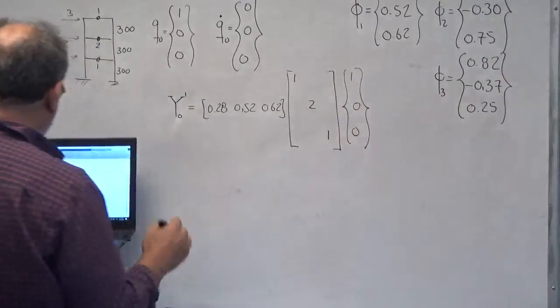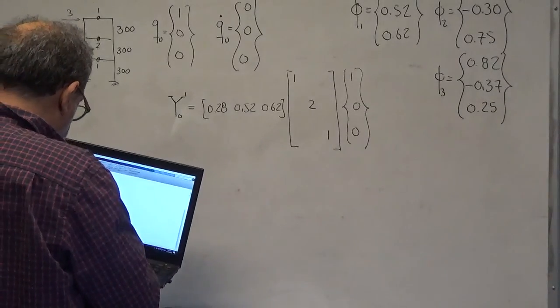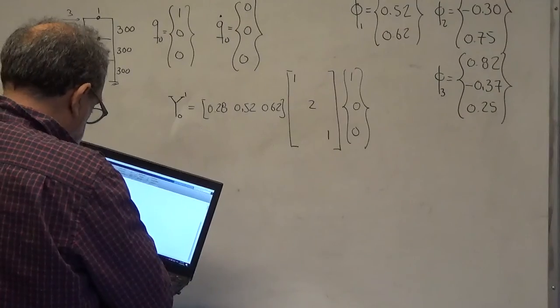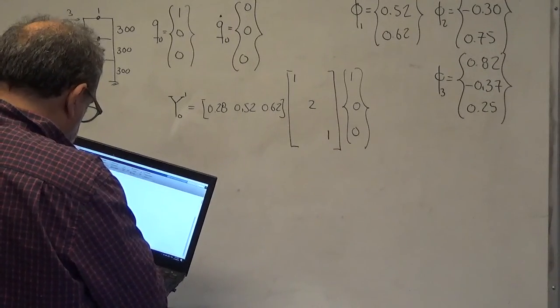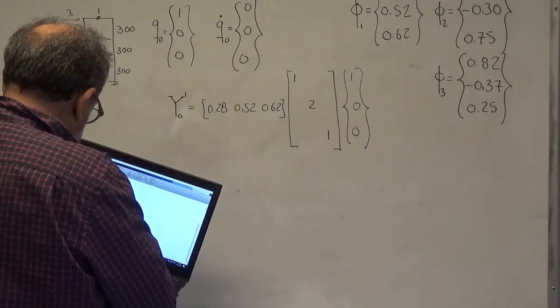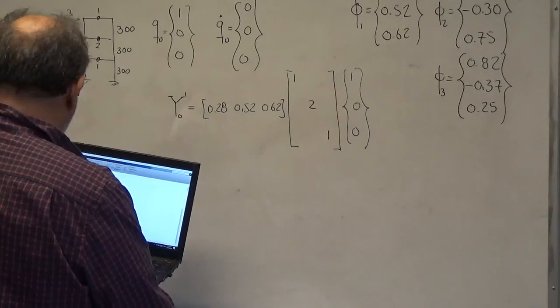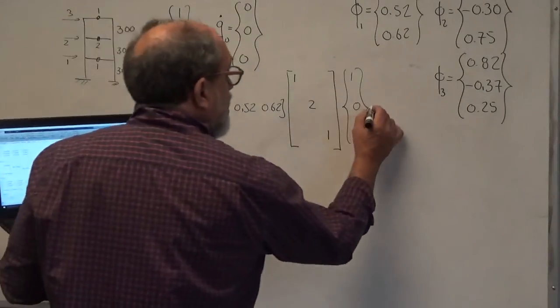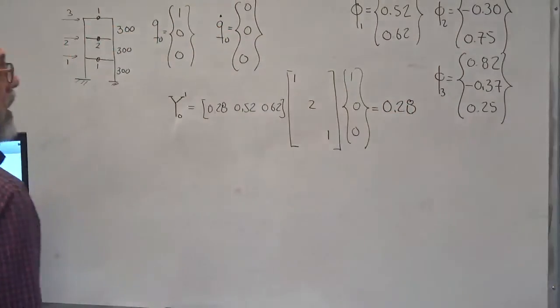If we do that multiplication, we get the first vector transposed, times the mass matrix, times 1, 0, 0, and we get 0.28. So this is equal to 0.28 using 2 digits.